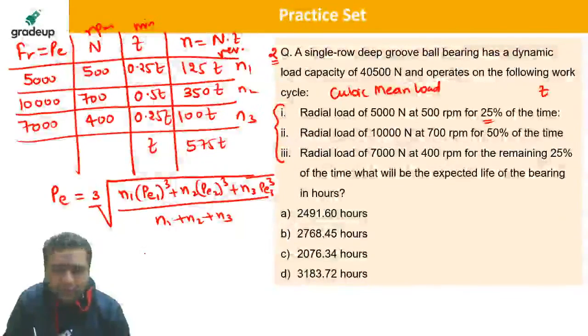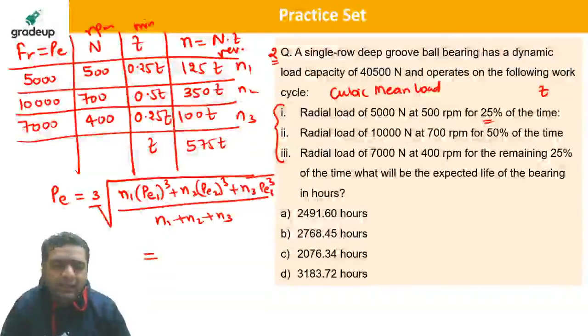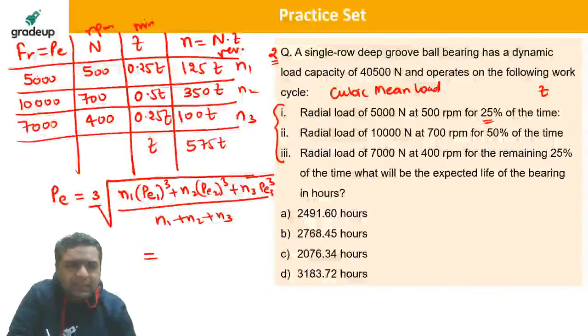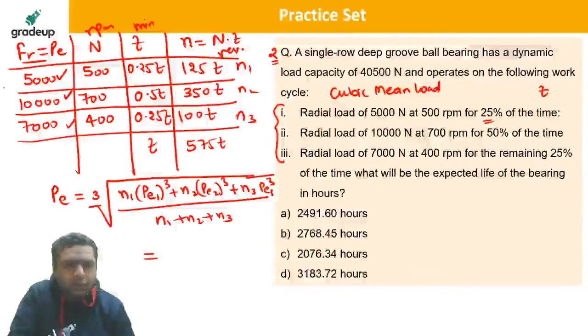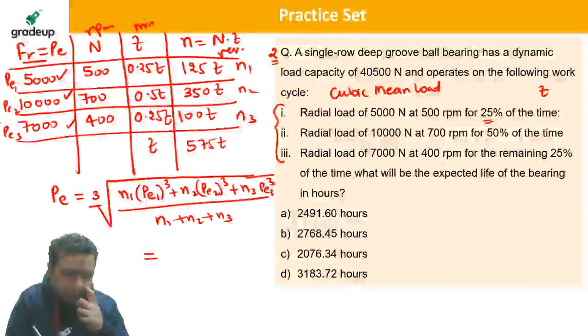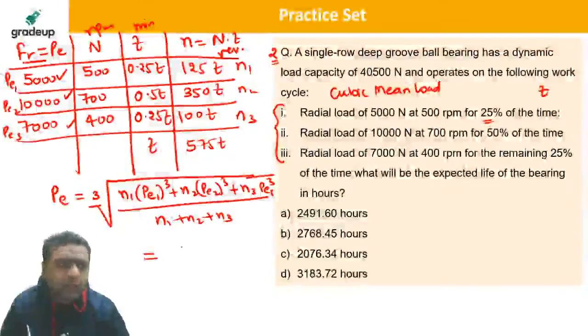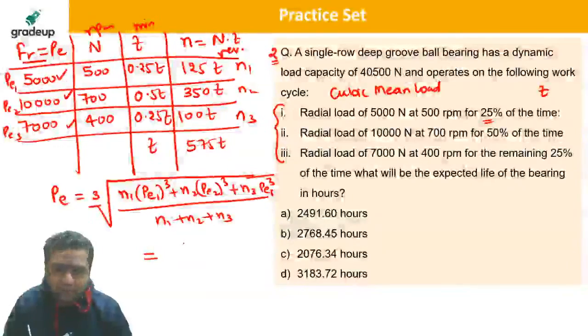This is known as cubic mean load. T and T will get cancelled out. PE is nothing but this, so this is PE1, PE2 and PE3.